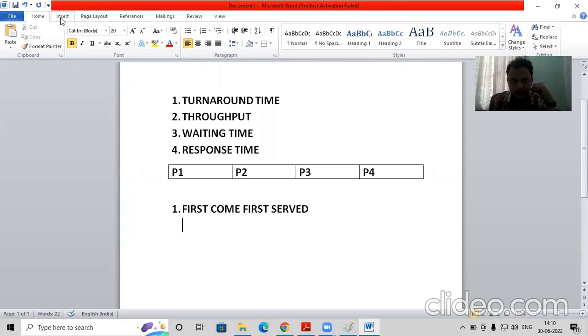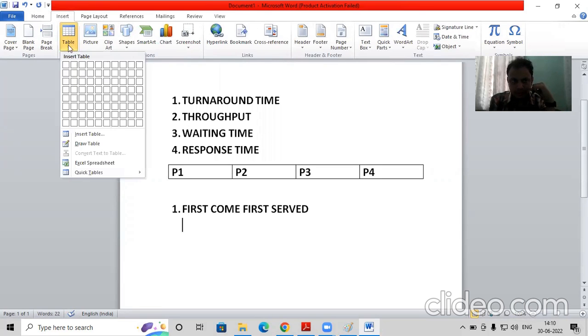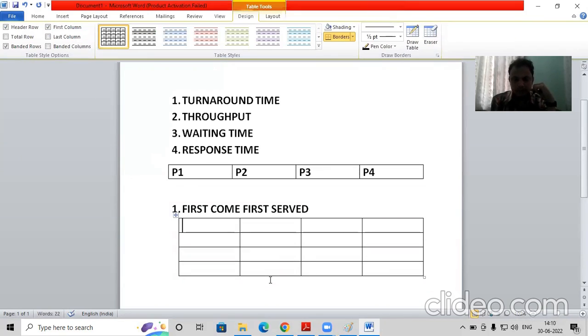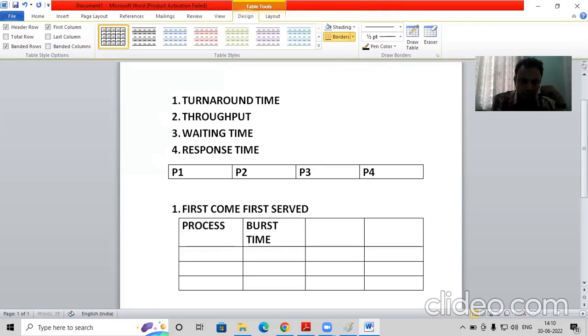So here I am creating a table. Here I am giving the process name, and here I am giving the burst time. Burst time means total execution time.